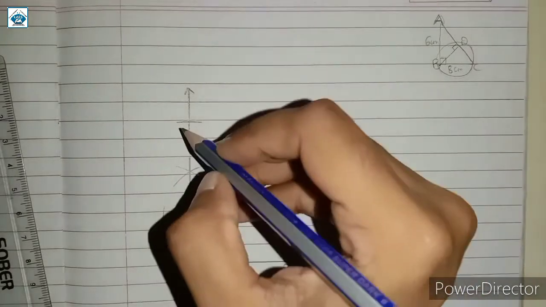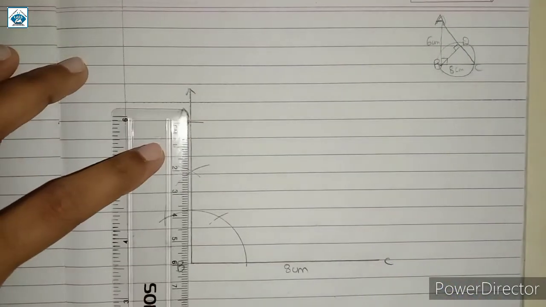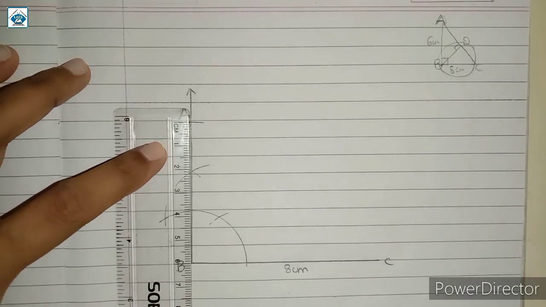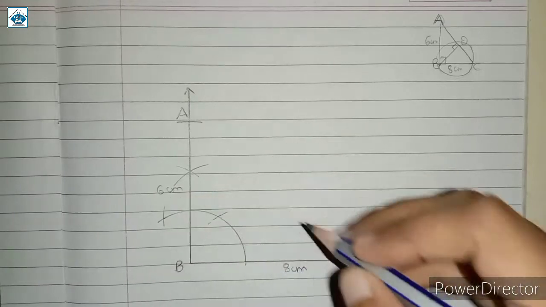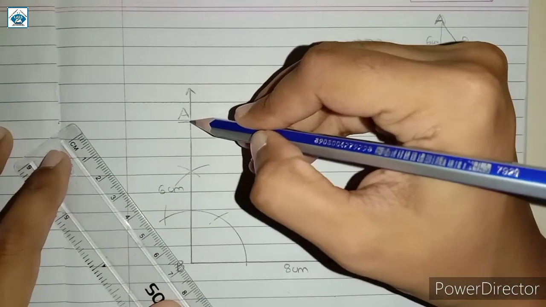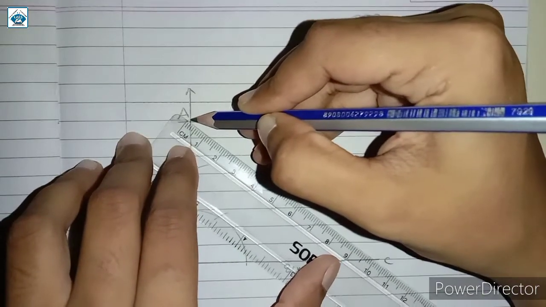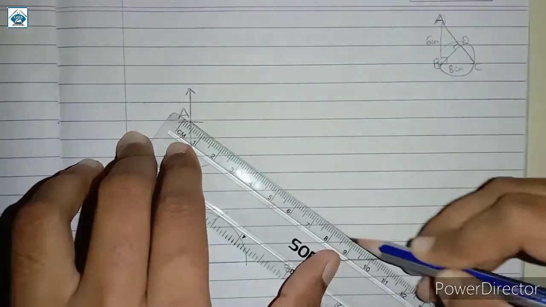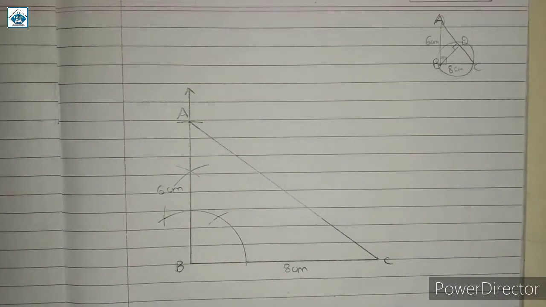This point of intersection we will name A, and here AB measures 6 cm. Join AC, and here you have triangle ABC.